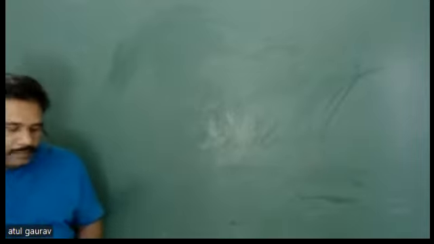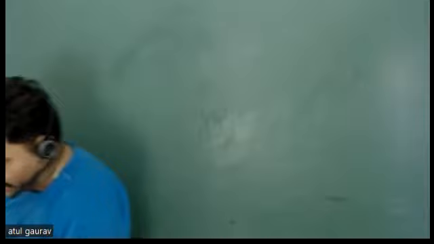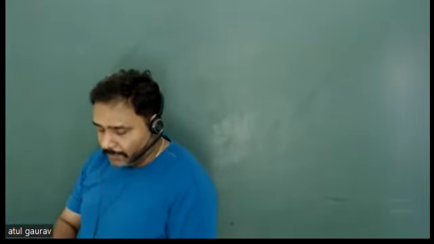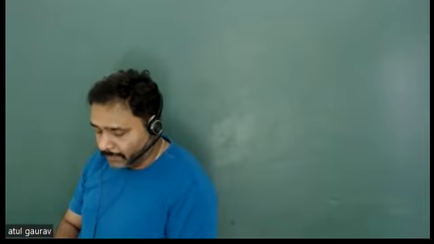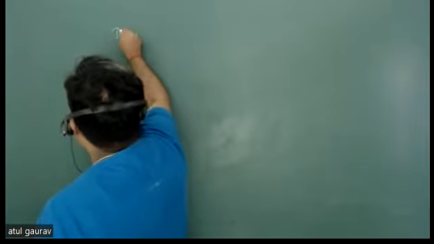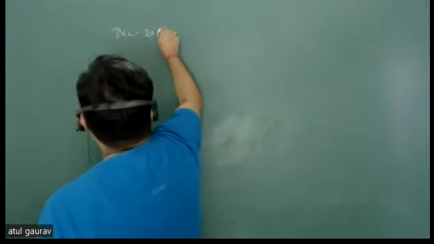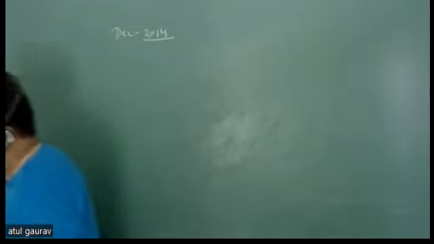Now, the next problem we have to find was asked in an exam. I will give you the time of the exam also. This is in December 2014, so the same trend is there.